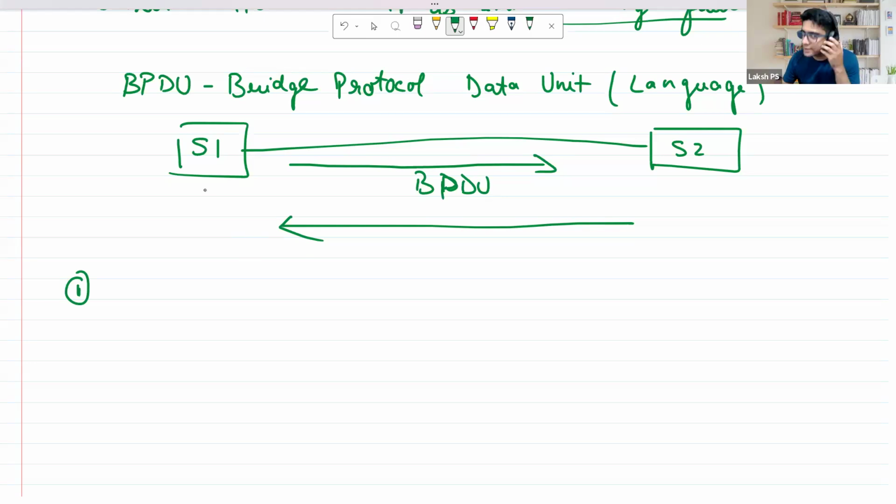So when switch 1 is sending the BPDU to switch 2, it will call itself the root switch. So inside this BPDU, the information that is present is first, what is the root switch's priority?